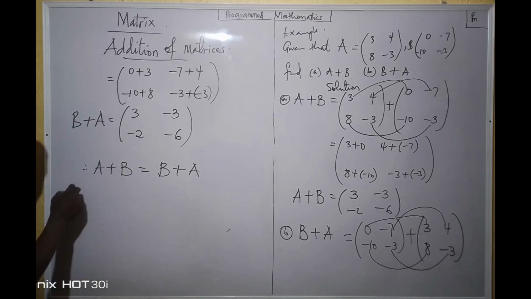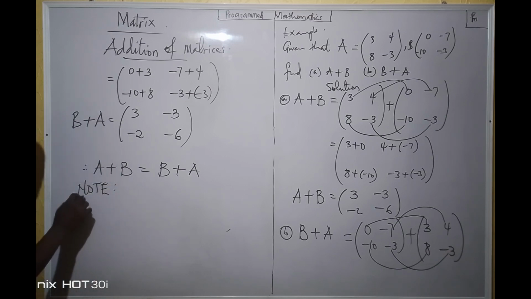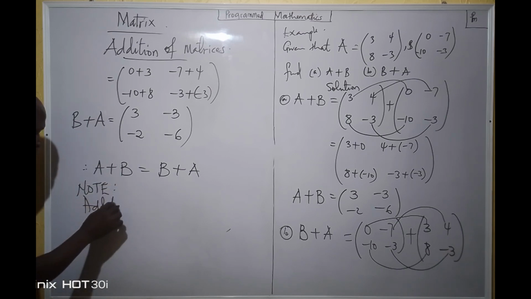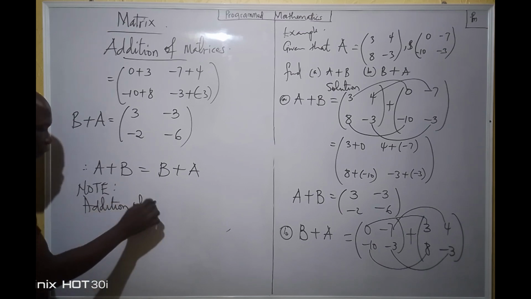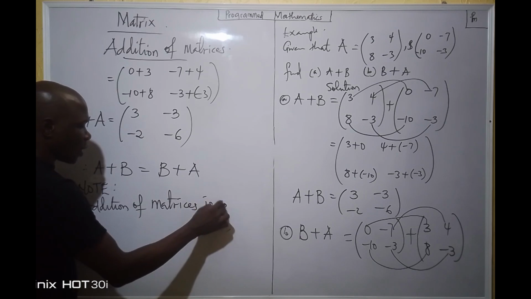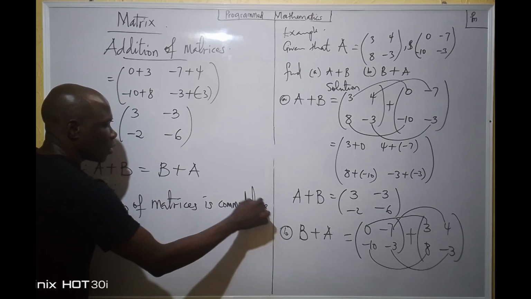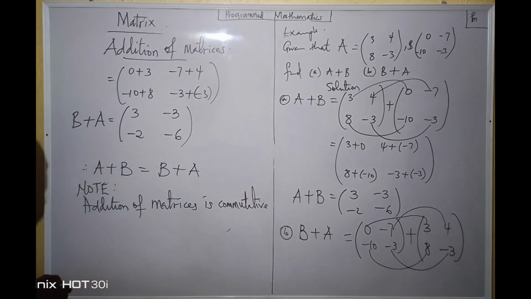So here we note that addition of matrices is commutative. By being commutative, we simply mean if the order of arrangement of the matrices is reversed, the result will still remain the same.